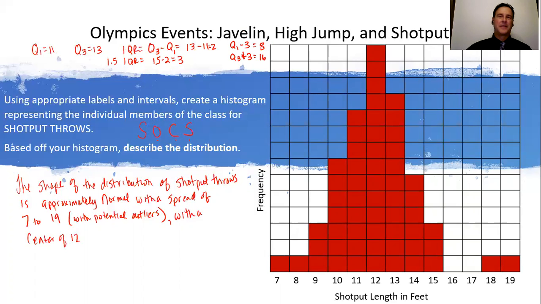Some people call that the lower fence and the upper fence, meaning is there any value lower than 8 within my data? If you look, yes, we do have a value lower. 7 is lower. Since 8 is the lower fence, that means that 7 is an outlier.